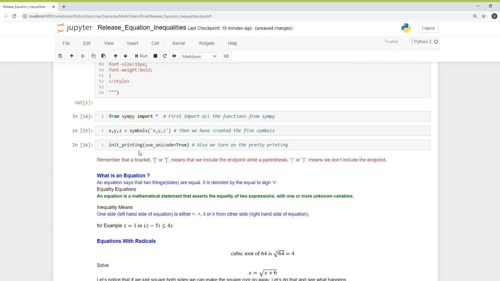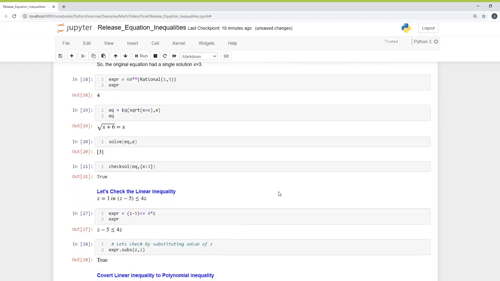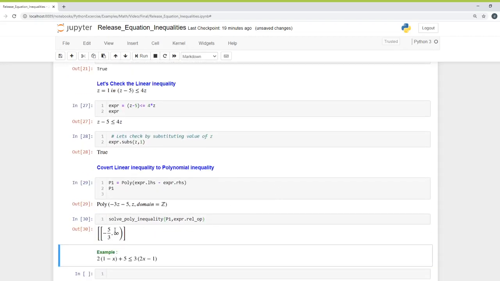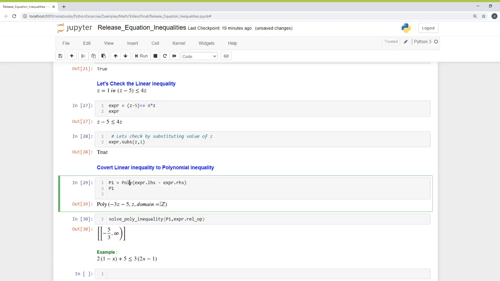Remember that a square bracket means that we include the endpoints, while a parenthesis means we don't include the endpoint. Here we can see that from -5/3 to infinity, all values will satisfy this equation.